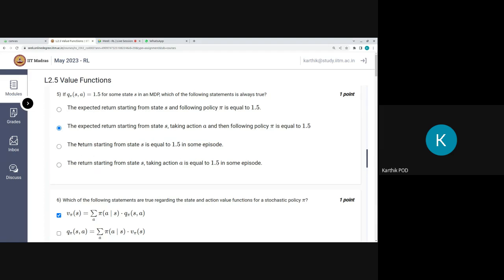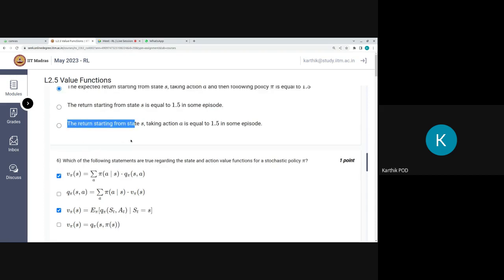They are not just returns, they are the expectation of the return. So simply stating that it is the return is wrong. It's the expectation of the return.